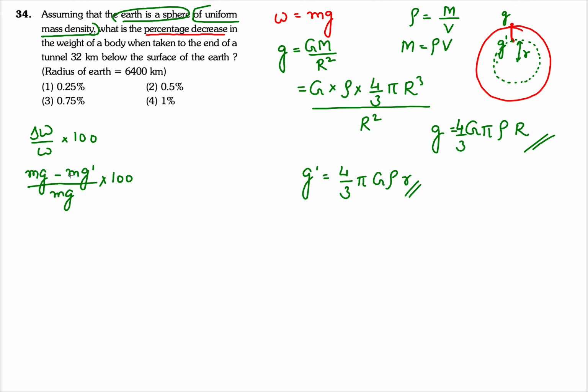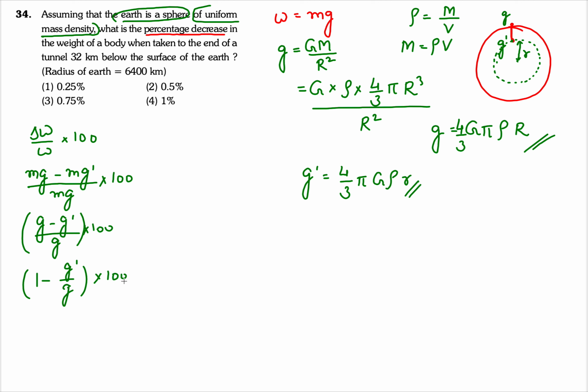Now m will be common from numerator and denominator, so it will cancel out. Then we will have g minus g dash upon g multiply 100. If we separately divide by capital G here, then 1 minus g dash upon g multiply 100.